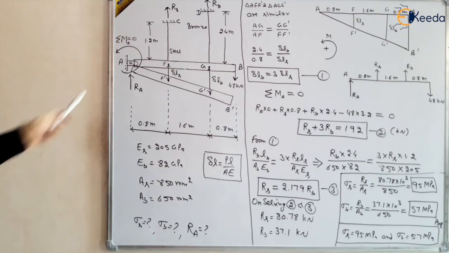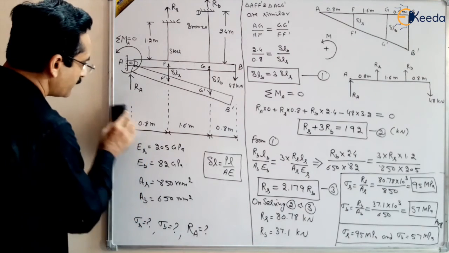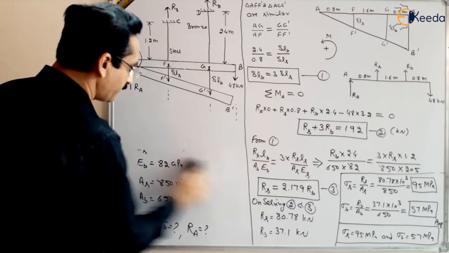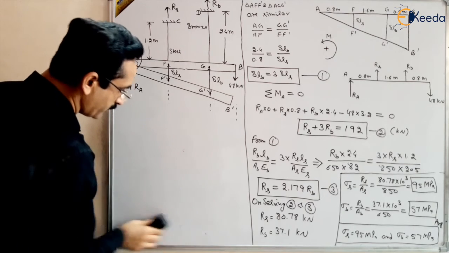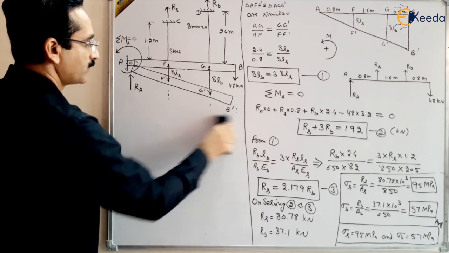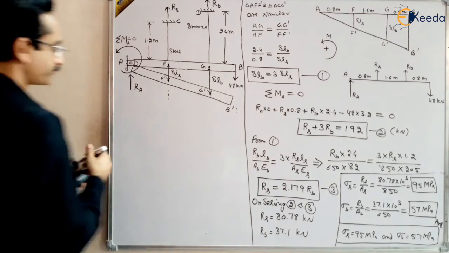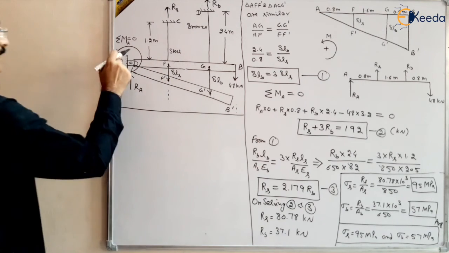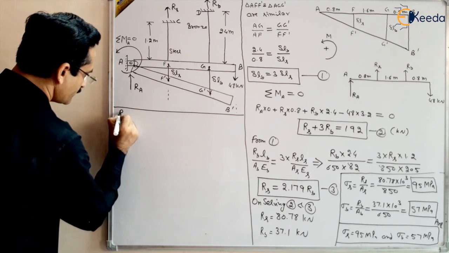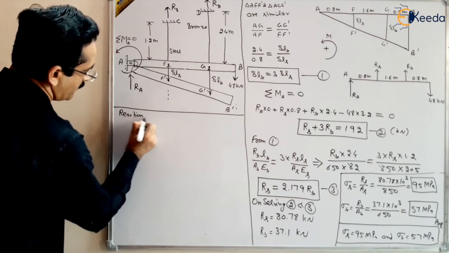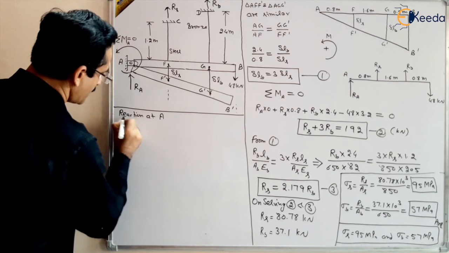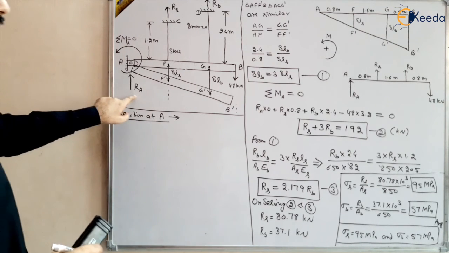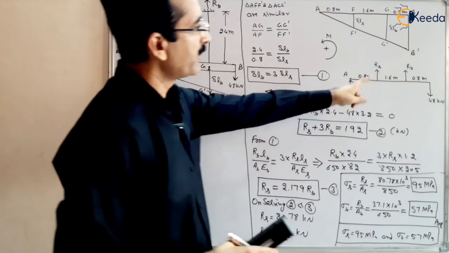Finding the reaction at point A. I am rubbing some part here so that I can use this space for further calculation to find the reaction at A. Now, what are the forces acting in upward and downward direction?